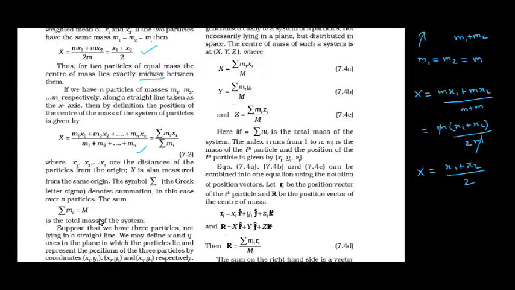That means the total mass of the system, which can be written as capital M. In this sentence, the author meant to say the same, that the total mass of the system, that means sigma mi, is equal to capital M.